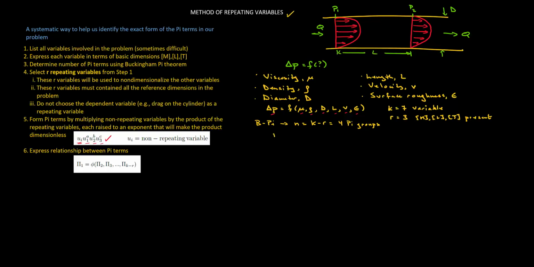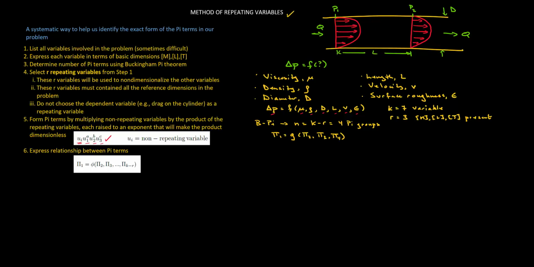So it will be something of the form pi 1 is equal to some function g of pi 2, pi 3, and pi 4. And we don't know what this functional relationship g is, and it doesn't matter. But what this tells us is which dimensionless parameters we have to vary. Okay, instead of considering all 7 original variables, we only need to consider the 4.